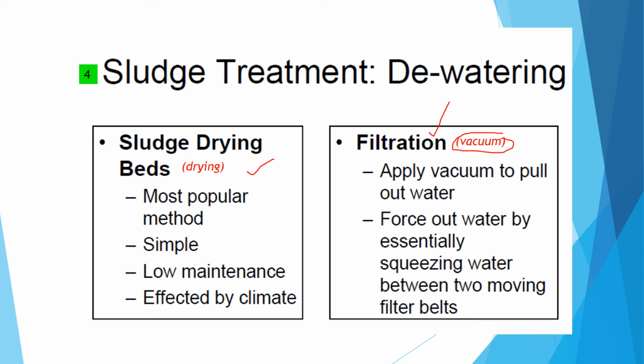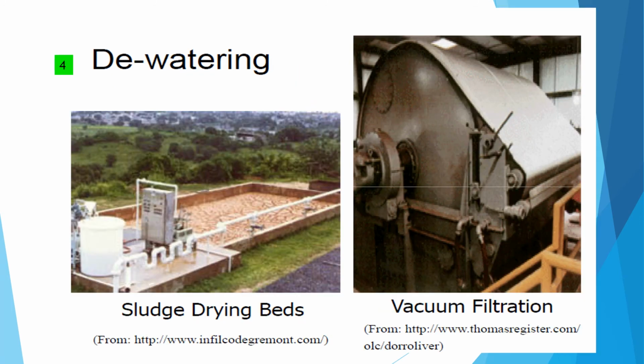The drying process is the most popular method since it is simple and low maintenance. The filtration process applies the vacuum to pull out the water, and then it will force out water by essentially squeezing water between two moving filter belts. This one is commonly used compared with the vacuum system. Okay, this is an example in the industry of sludge drying beds and also vacuum filtration.